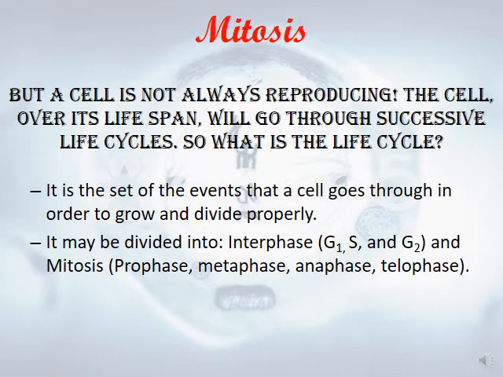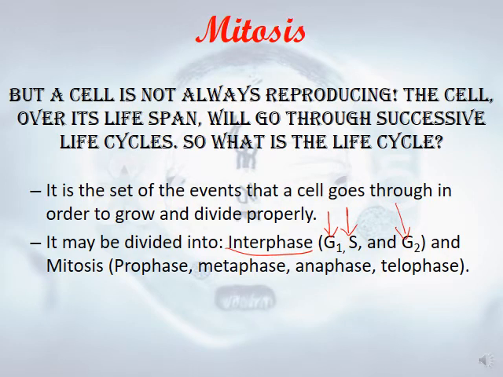So first, what is the cell cycle? The life cycle is the set of events that the cell will undergo in order to grow and divide properly. It may be divided into interphase. Interphase has three phases: G1, gap 1, S, the synthesis phase, and G2, which is gap 2.